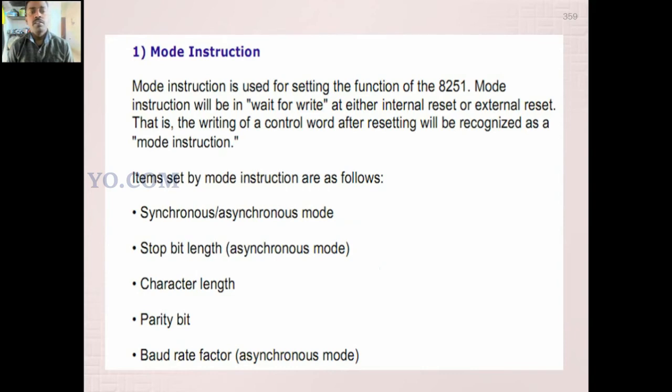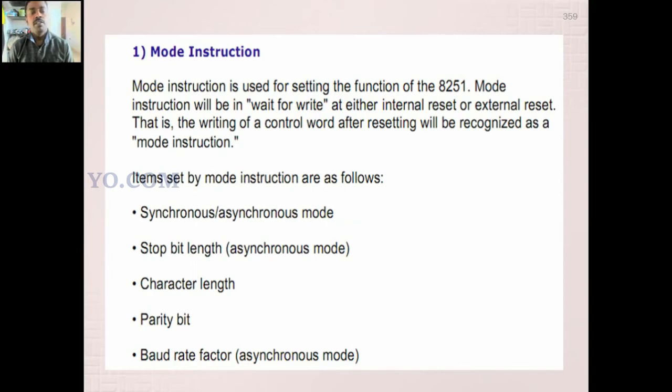The mode instruction is used for setting the functions of the 8251. The mode instruction will be in wait for write at either internal reset or external reset. That is, the writing of a control word after resetting will be recognized as a mode instruction.